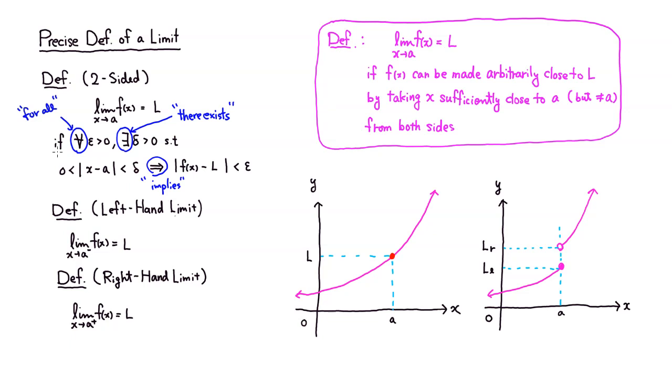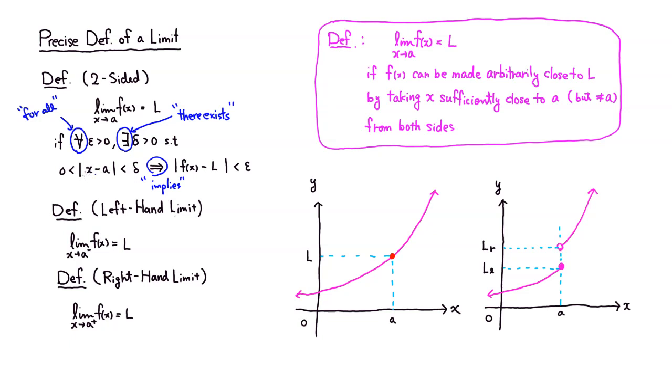So what we need to establish is that if somebody gives you a really, really tiny value for epsilon, which is the distance, then the distance between f of x and L has to be smaller than that. We have to show that we can always find the corresponding delta value, which is the distance between x and a.